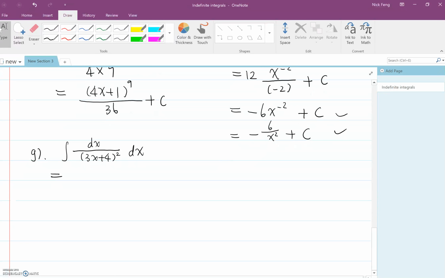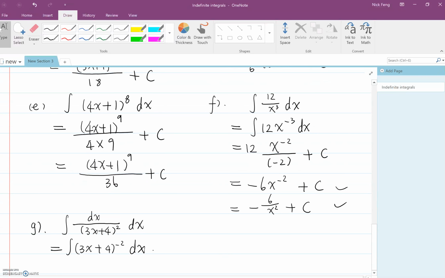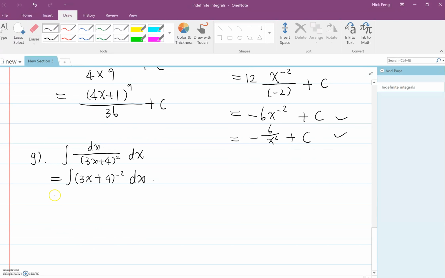Now we are changing 3x plus 4 all squared into negative index form. And that's exactly like what we did before. So we are adding 1 to the power to become negative 1, and then multiplying the 3 by negative 1 as well. And then plus c. And that will give us negative 1/3, 3x plus 4 to the power of negative 1, plus c.